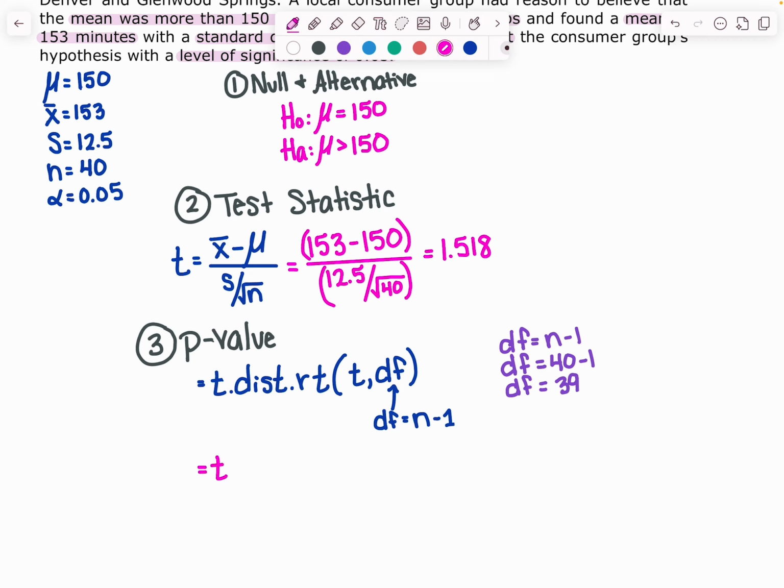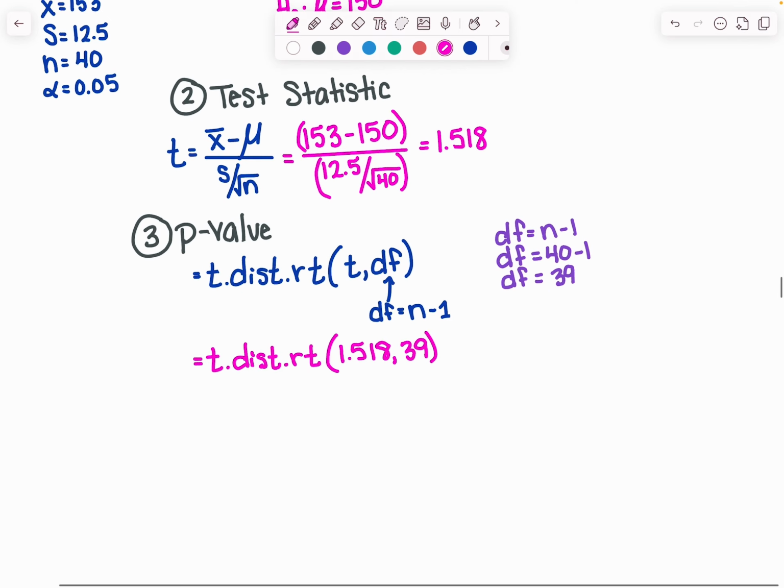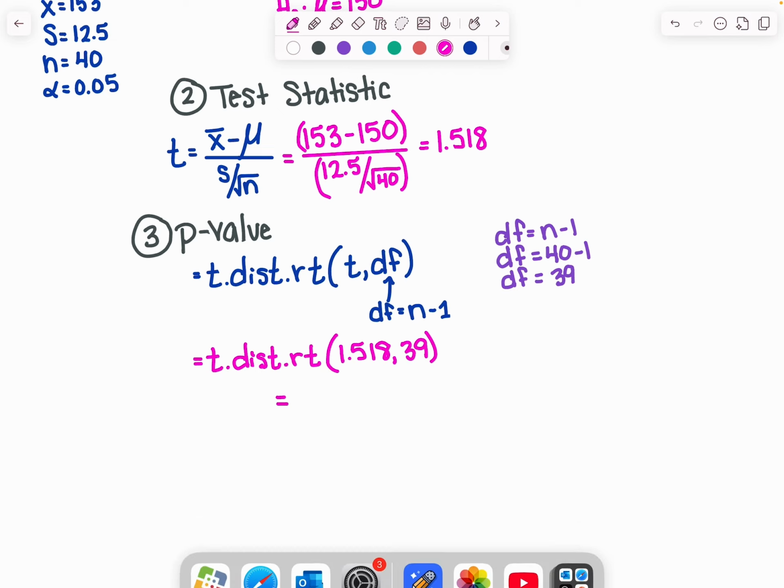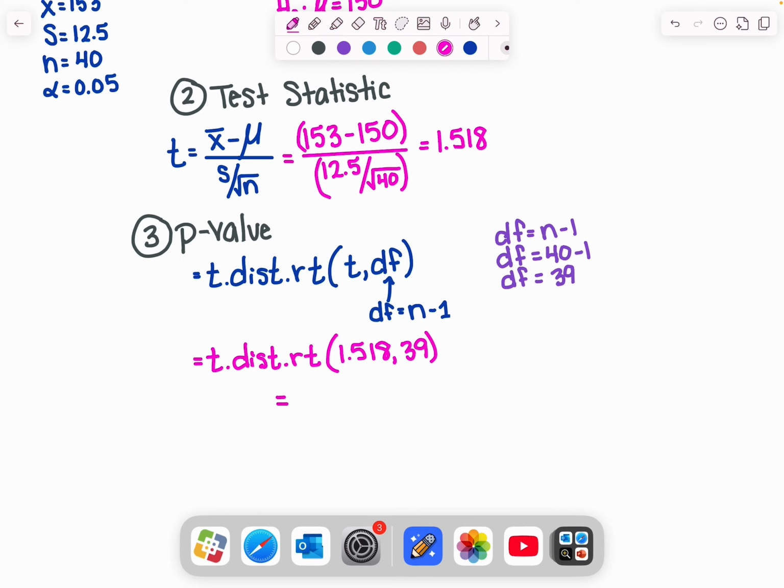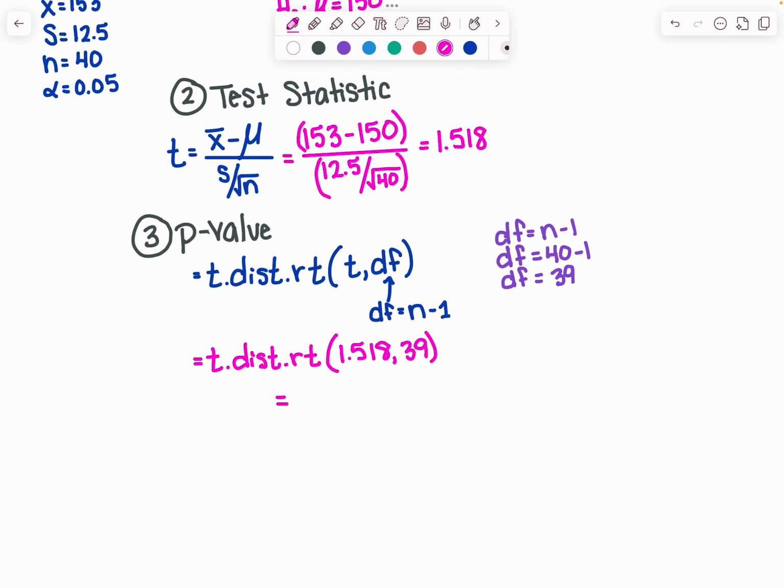So I'm going to do t.dist.rt 1.518 comma 39. And this is going to give me the p-value. The t-distribution has a right-tailed probability built into it. And I don't have my Excel pulled up.